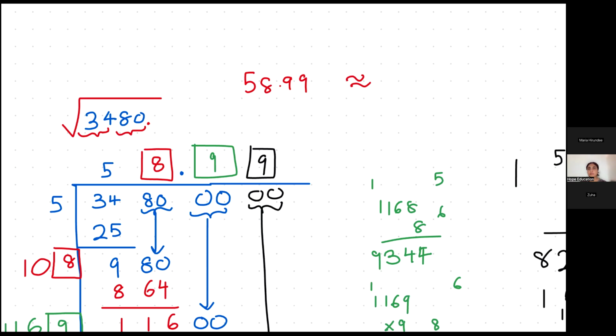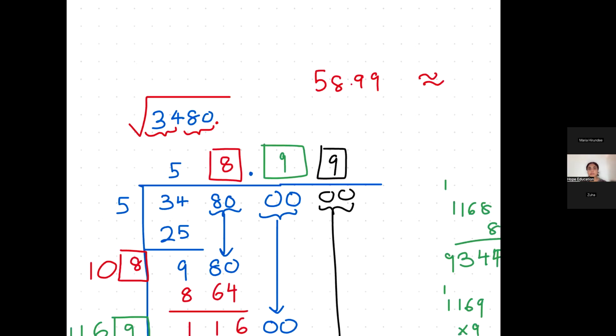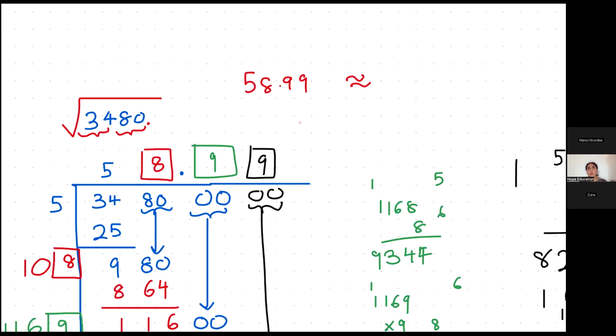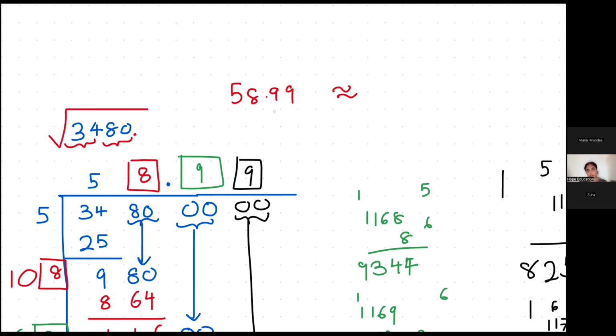Yeah. So make a one decimal place or a round off. 59.0. Yeah, correct. 59.0. Maria also got it.